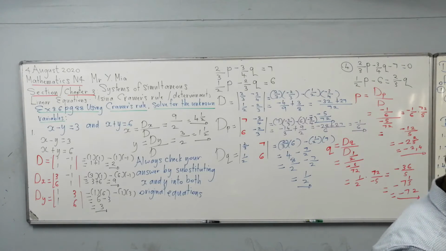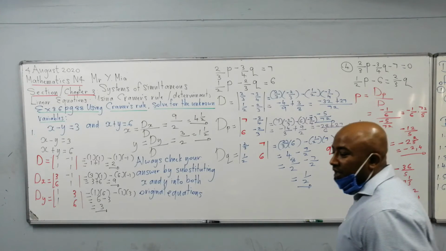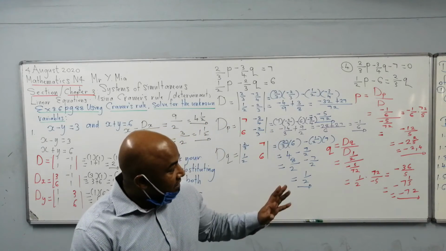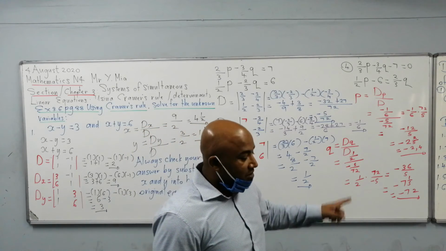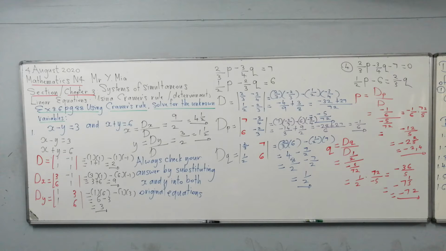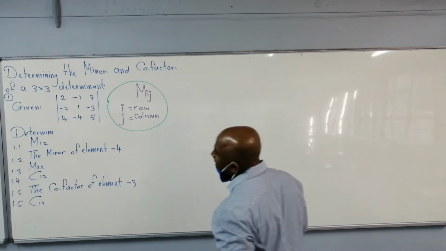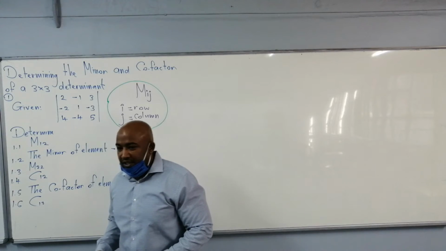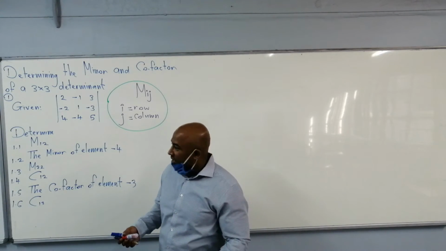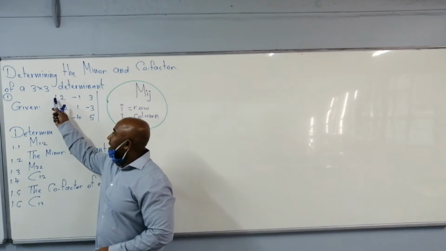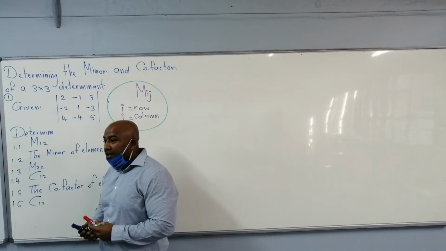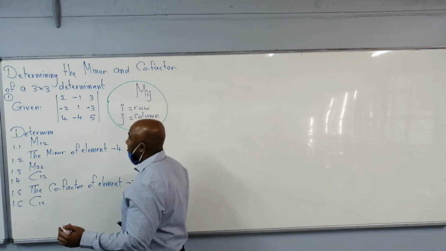Alright, so now, before we end, we need to know how to deal with this 3 by 3 determinant. So just copy this down quickly. Okay, so now dealing with 3 by 3 determinants. What does 3 by 3 mean? It means there are 3 rows and 3 columns of numbers.